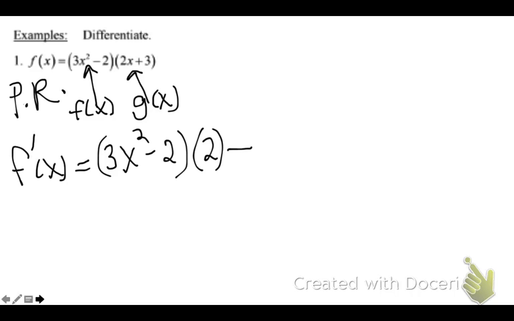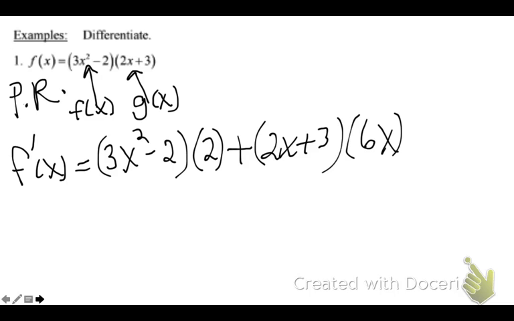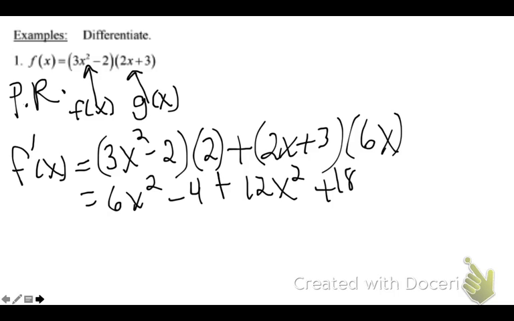plus the second, which is 2x plus 3, times the derivative of the first, which is just using our power rule, 6x. So when we simplify, we'll distribute that 2, we get 6x squared minus 4, plus, distribute the 6x, 12x squared plus 18x.